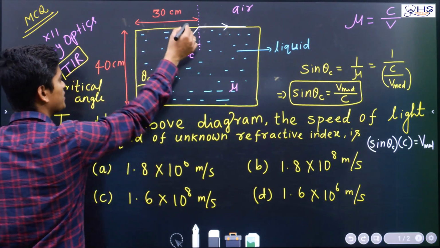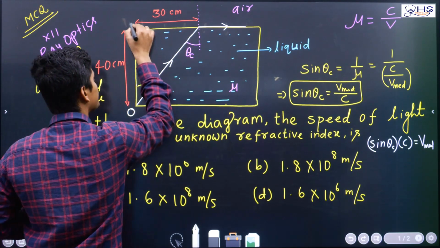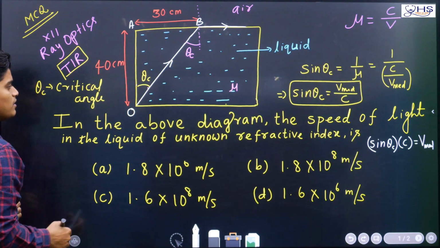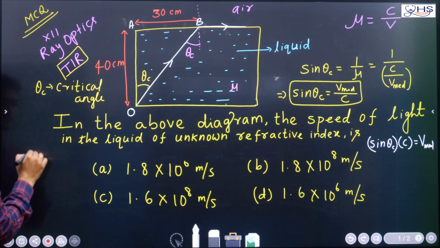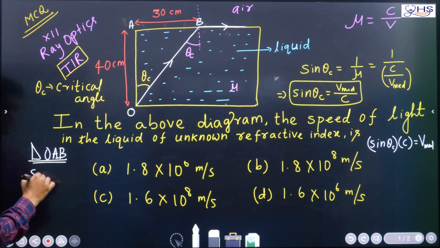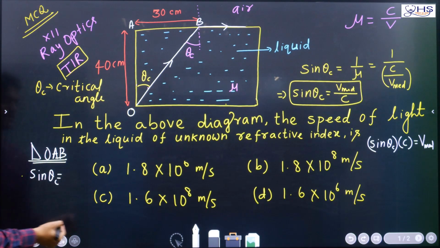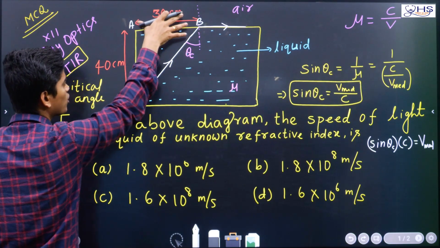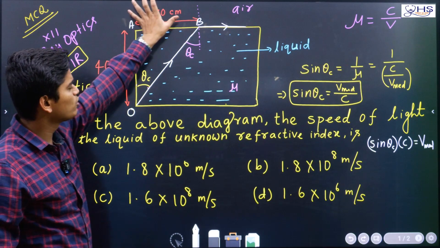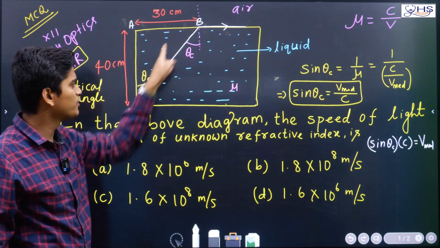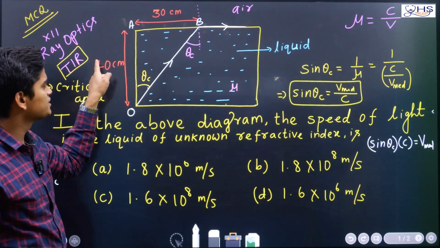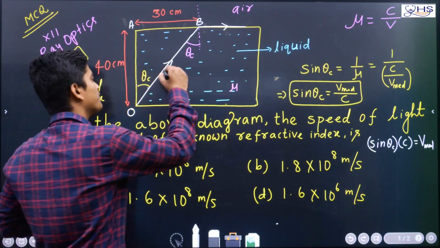We will see this geometry picture: this is O, this is A, this is B. From the triangle OAB, sin theta c equals perpendicular by hypotenuse. Here the perpendicular is given as 30, and what is the hypotenuse? If this is 30 and this is 40, then this will definitely be 50.